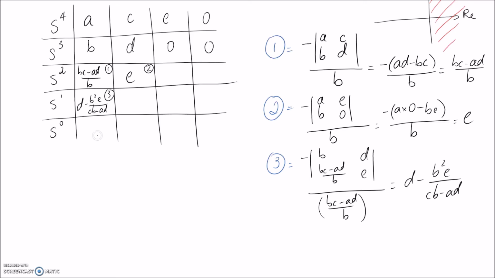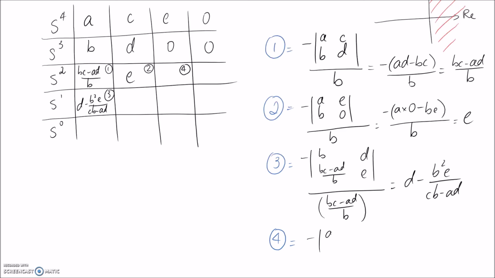Alright, so to be able to do this last one in the first column, we need this one here. This one, to get it, we need these and this. So if we come up here, this one's really easy. So if you do the negative of the determinant, you're going to have A, B and 0, 0. So if you have 0, 0 in your determinant, let me quickly show you on paper.